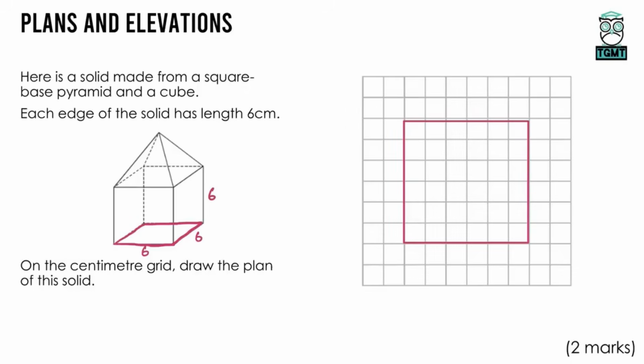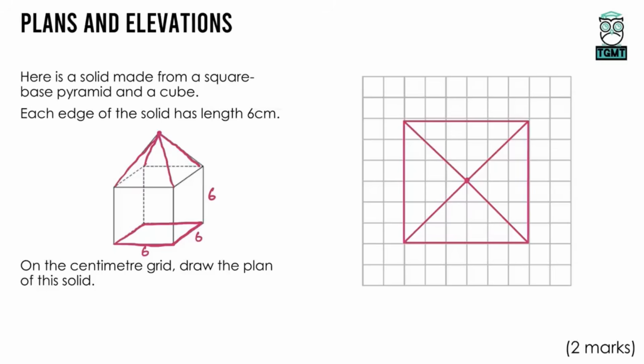So here you can see at the top of this pyramid here, there are 4 edges running down to each corner. And we would see those from above. So in terms of the central point in the middle of the square here, we would also have 4 lines going off to each corner that we would see, which is those sloped lines going down from the centre.